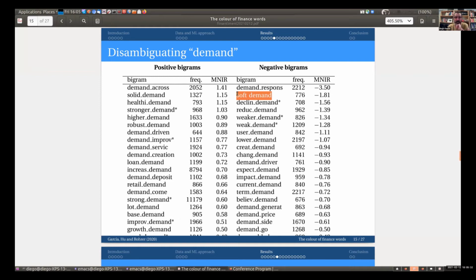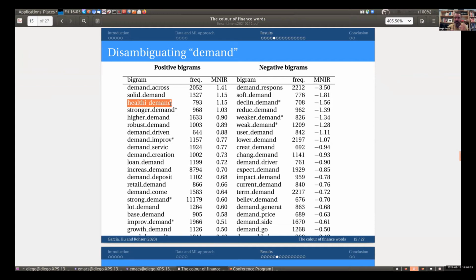The machine learning algorithm picks that up immediately, even though it doesn't have that many observations, because it's such a salient negative word to say soft demand, weaker demand, reduced demand. Whereas we can classify all these other healthy demand as clearly a positive word.